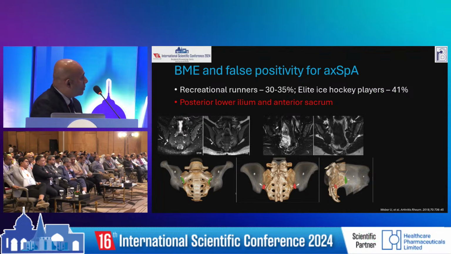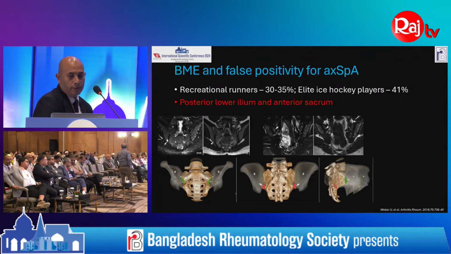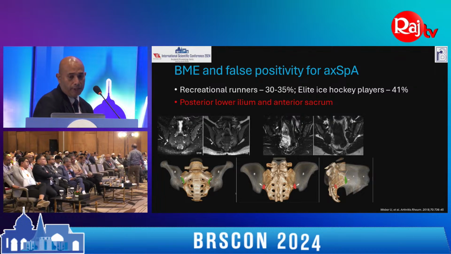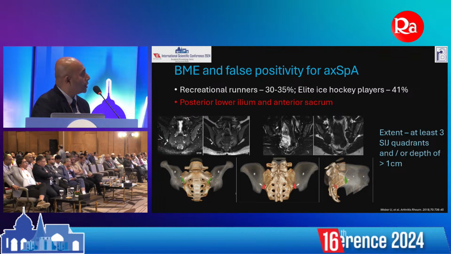So anterior sacrum and inferior ilium are the two areas where you can get false positive bone marrow edema in patients who may not have axial spondyloarthritis.